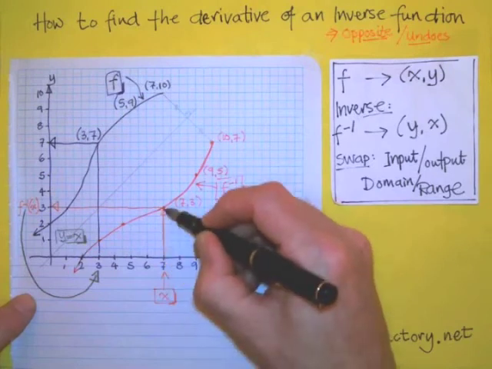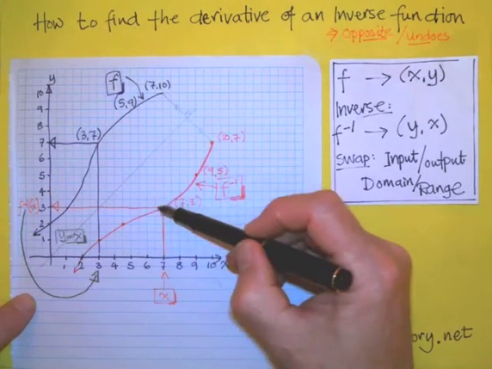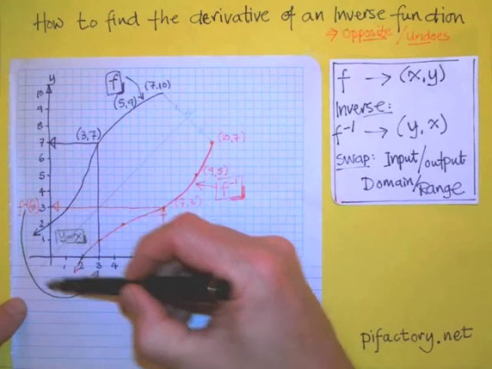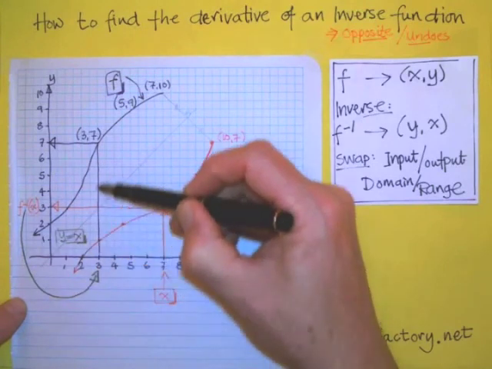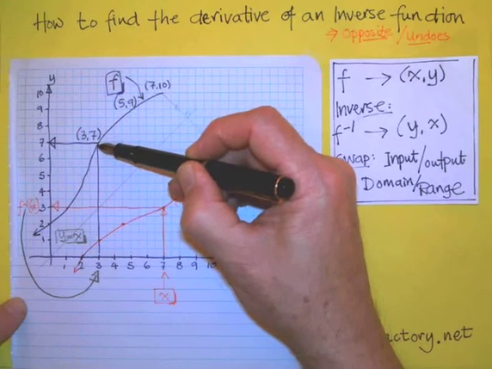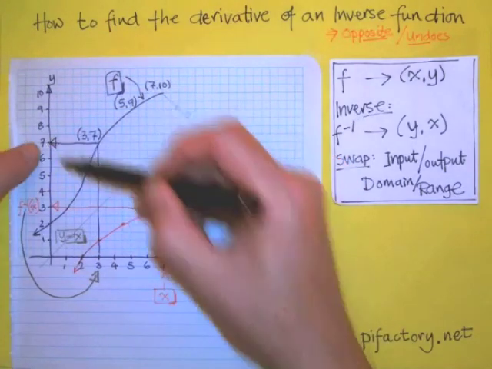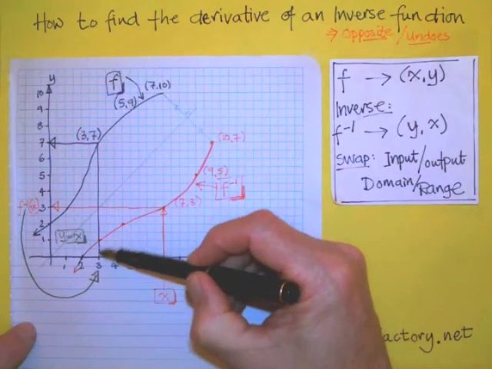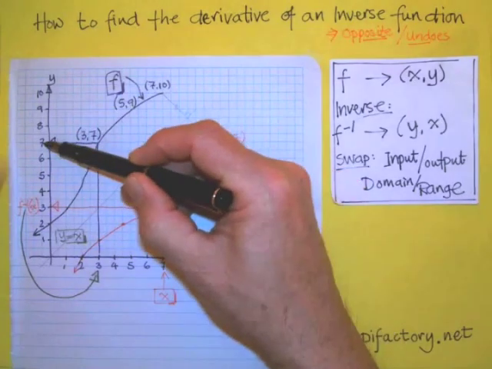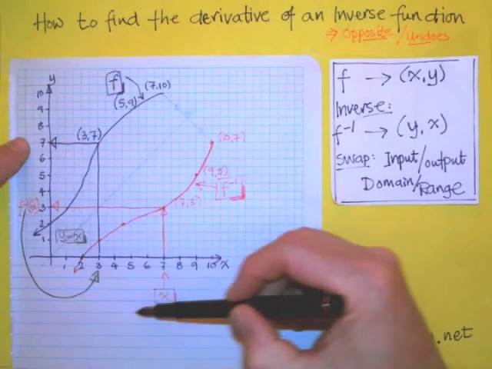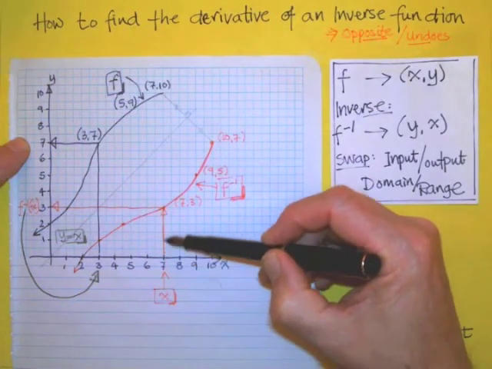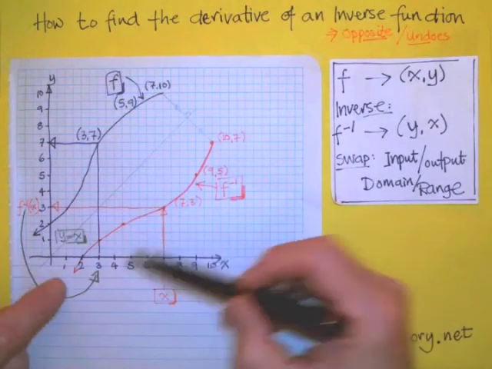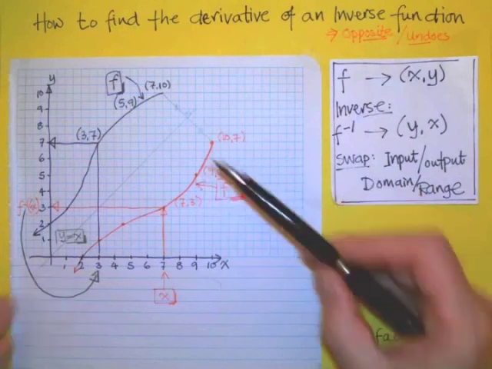We come in here with an input, we bounce off of the inverse, come round, we make the output of the inverse the input, and we go back up to our original function f, out we come, 7 and 7. Similarly, if we've gone in here, 3, output to 7, come round here to 7 input, output 3. So that's how inverse functions undo each other.